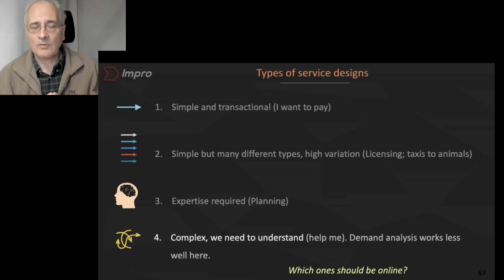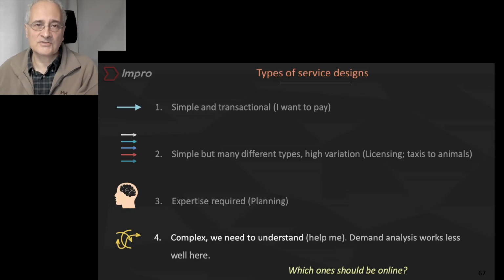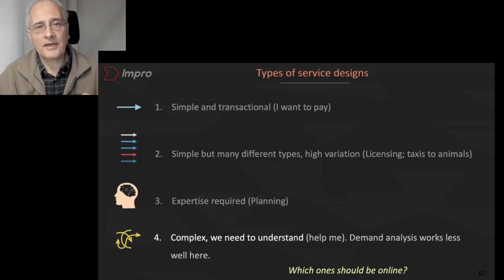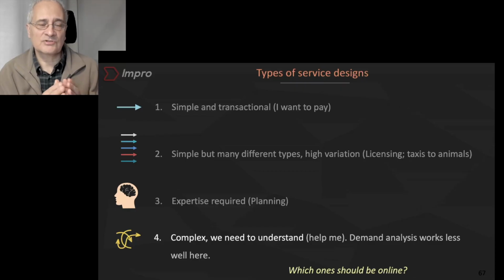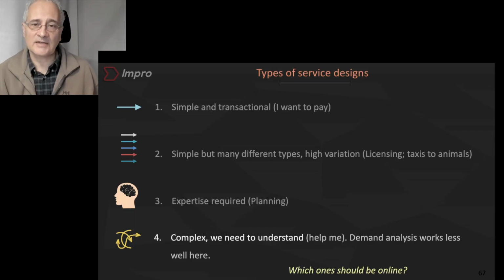But when a service is complex, actually trying to make efficiencies in that way creates far more problems in that service than it's trying to deal with. So applying the types of concepts and methods that you would use in a service design for a simple and transactional service into a complex service actually means that you end up increasing costs and increasing demands. That's what we've found when we've looked at this through a human learning systems lens.